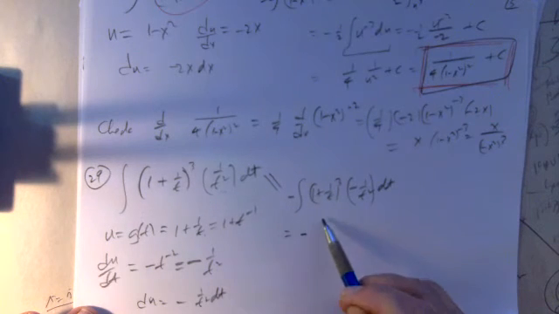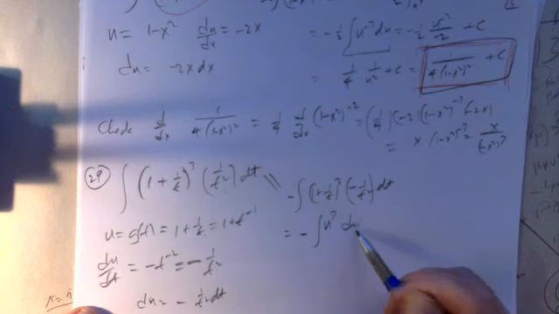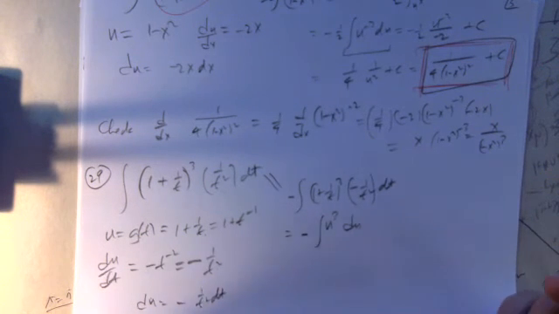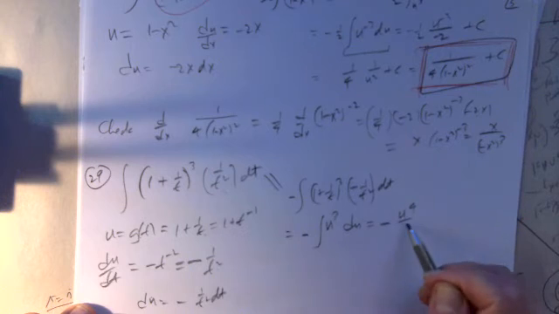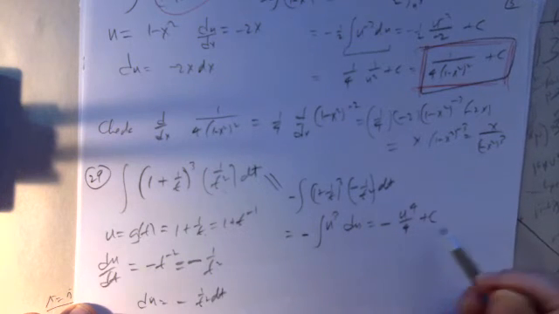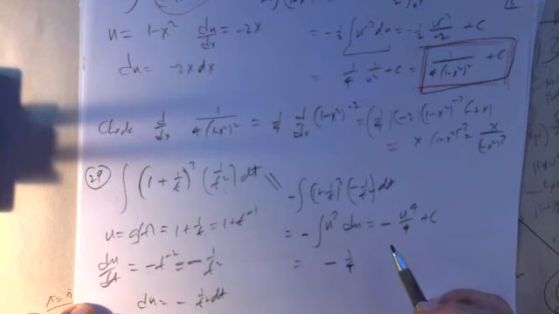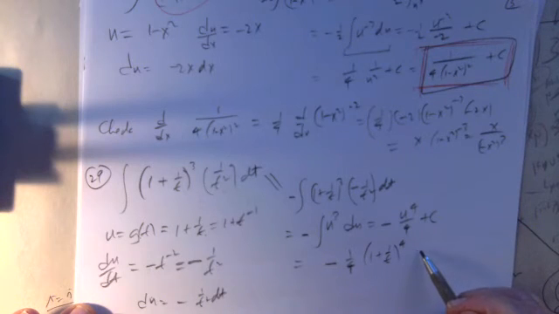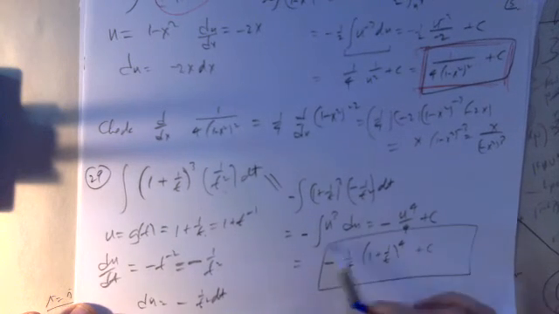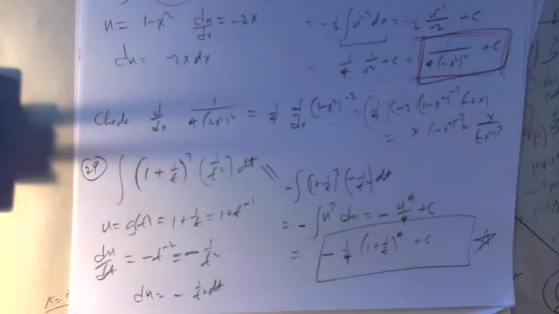And now I can see this is minus the integral of u cubed du. And now it's easy. This is minus the integral of u cubed, which is u to the 4th over 4. So this is minus 1/4 times 1 plus 1 over t to the 4th power plus a constant. Right? That's the answer.